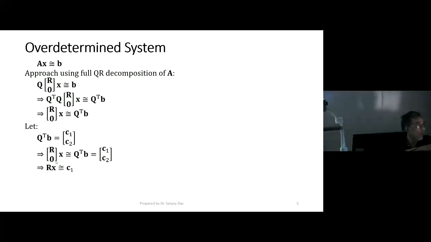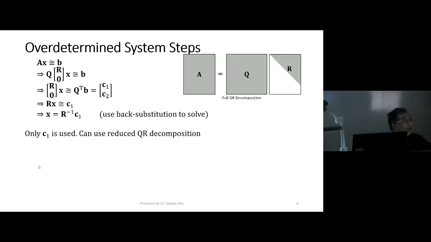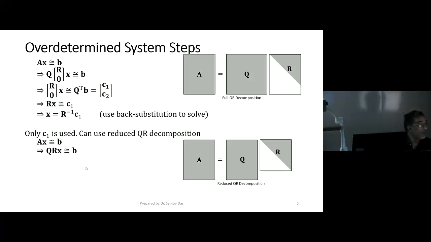Okay, so coming back here, when we do the reduced QR decomposition, we can pre-multiply both sides with Q transpose, so we get Rx equals Q transpose B, which is again C1.